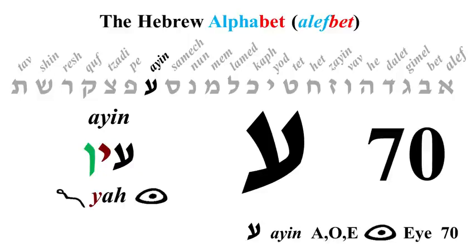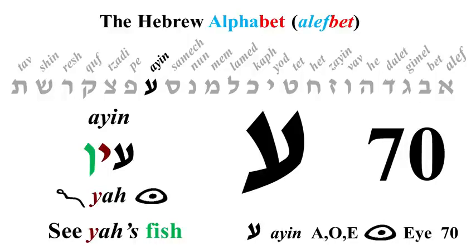And the nun, its picture is a fish. And the Yod, although its picture is a hand, Yod stands for Yahweh, right? So this could be interpreted as see Yahweh's, or see Yah's fish.